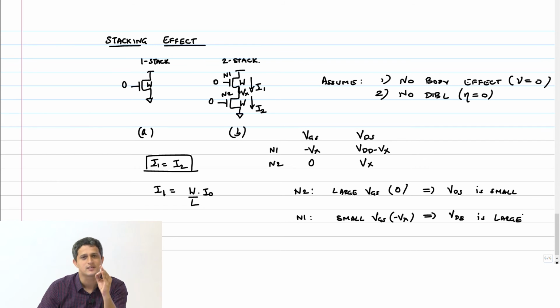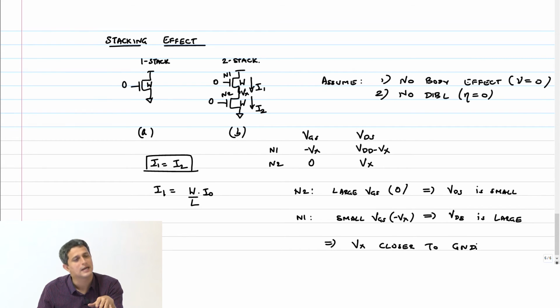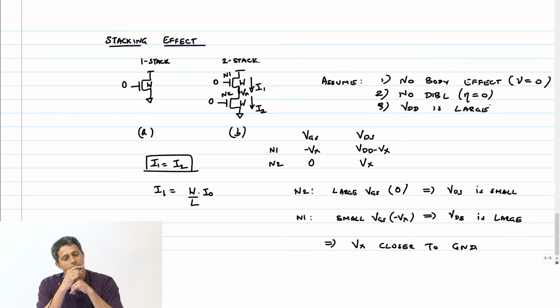So if Vx is somewhere close to ground compared to VDD, then these two will easily match. So the conclusion: Vx is closer to ground, and assume a third assumption, VDD is large.